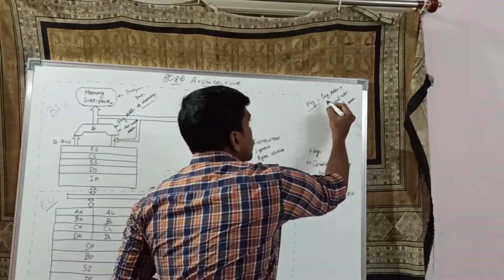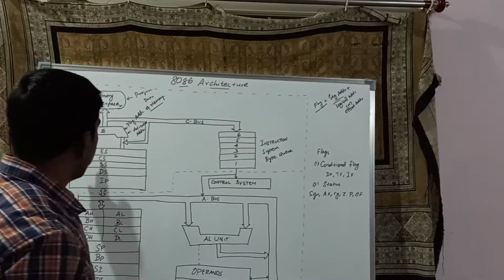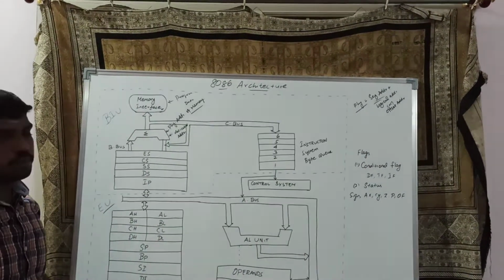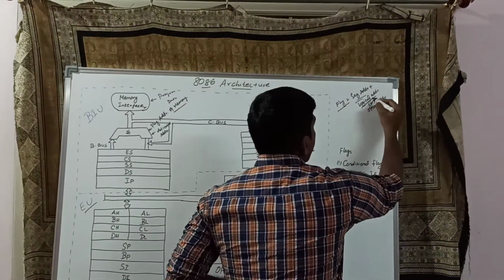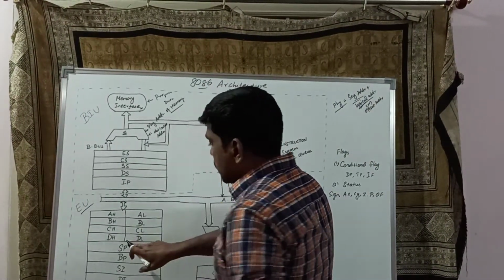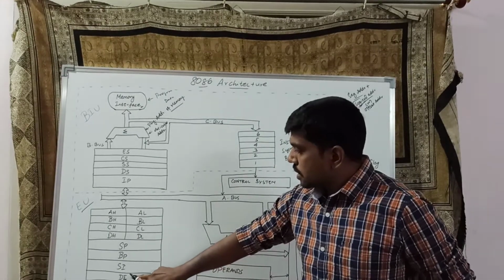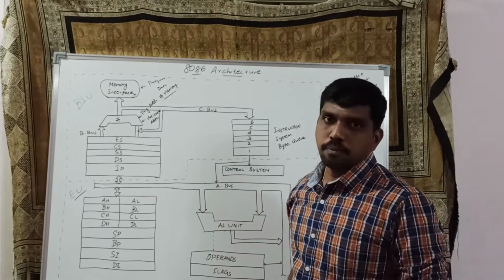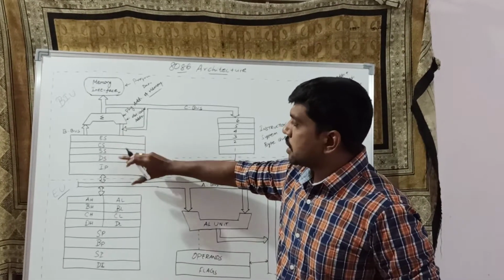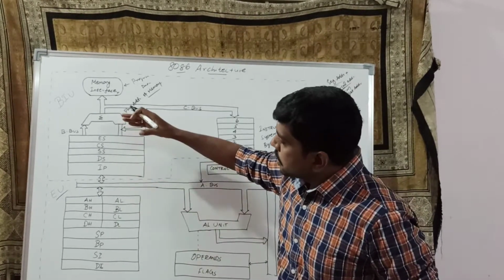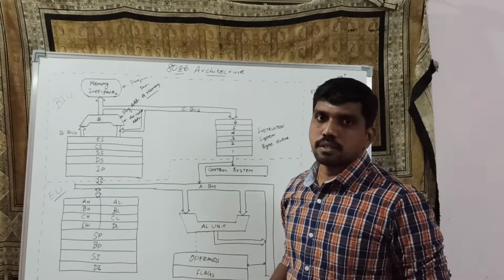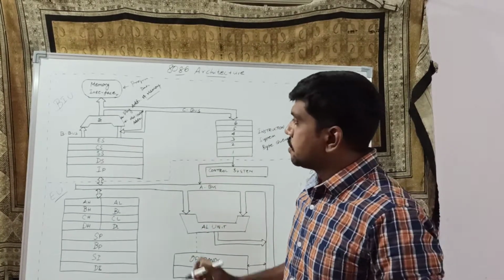The segment address you can get from the segments: extra segment, code segment, stack segment and data segment. The logical address you can get from the source index, destination index, base pointer and stack pointer, then IP. So based on the requirement, you can combine the segment register and also the base pointer or source index register. That we'll discuss now. Okay.